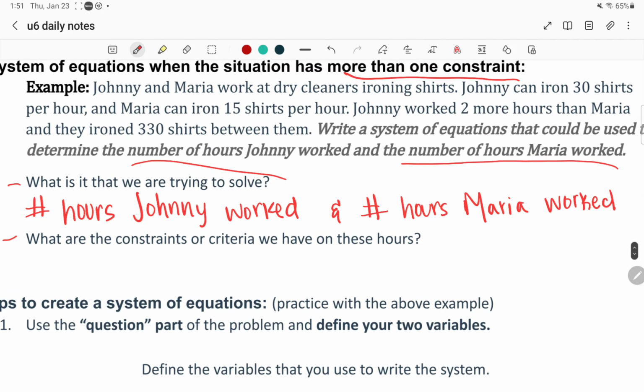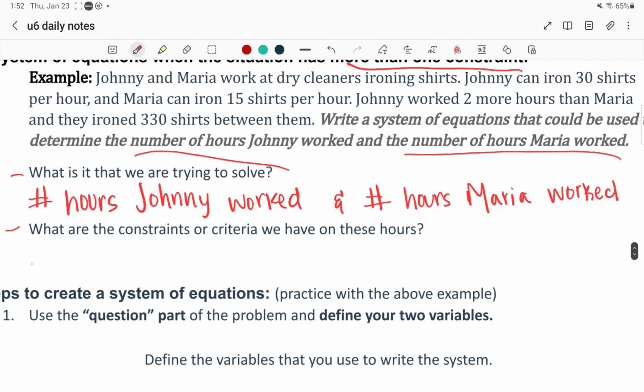We have some constraints, some things that we know about these people. Johnny can iron 30 shirts per hour. Maria, I'm going to put J and M just to keep it short, can iron 15 shirts per hour.